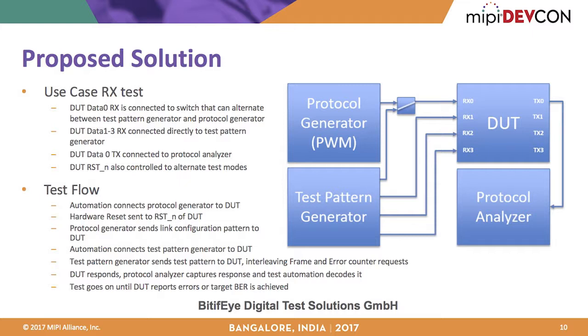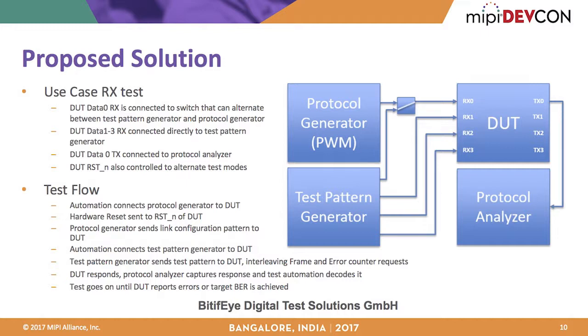The test flow is, as I indicated previously, the automation connects the protocol generator to the DOT. The hardware is reset through the RSTN of the DOT. The protocol generator sends the link configuration pattern to the DOT. The automation connects the test pattern generator to the DOT.